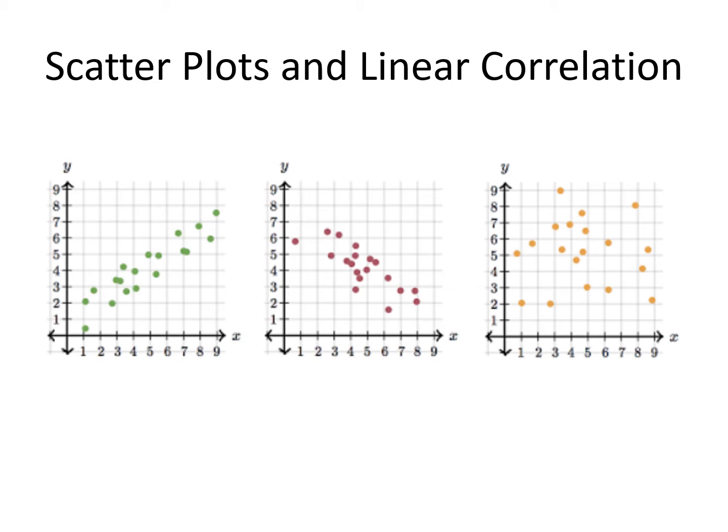When we look at the very first one, if we read left to right, the dots are going up the hill, as I like to describe it. So we would describe this first graph as having a positive linear correlation.